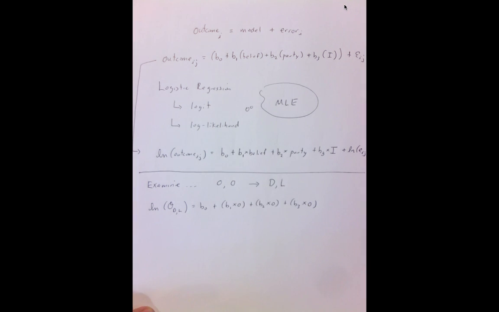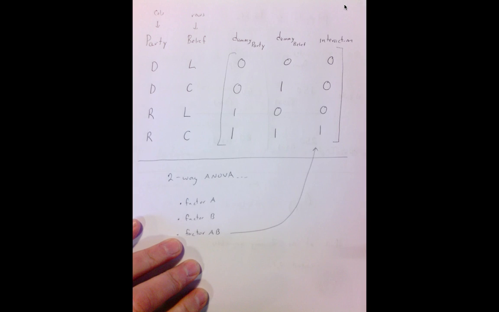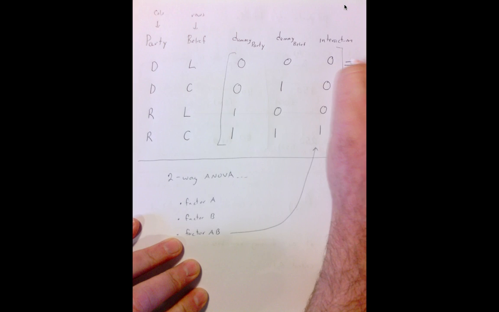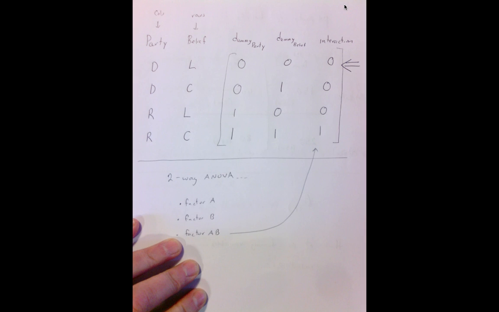What I'm doing right now is examining this row, which is comprised of a 0, 0, 0 for the dummy for party, the dummy for belief, and the dummy for the interaction.